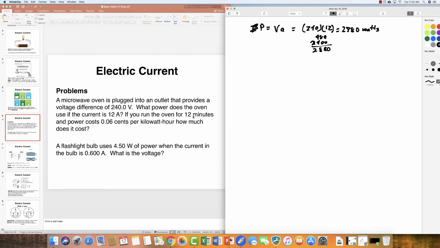Now if you run the oven for 12 minutes and power costs 6 cents per kilowatt hour, how much does it cost? First of all, you have to take the 2880 watts times 12 minutes. But remember, it's 60 seconds per minute.